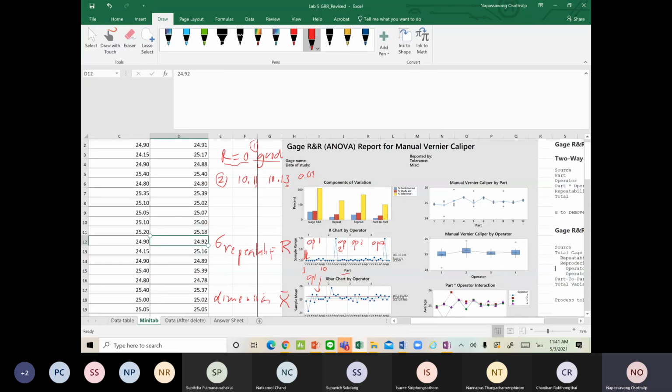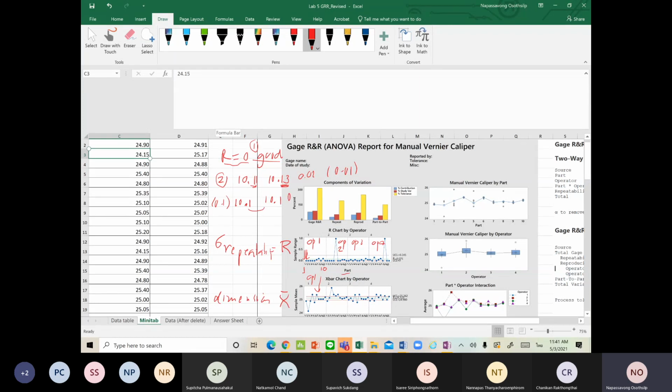But if the resolution is rough and it can show you only 1 digit, which means the resolution is only 0.1, then the first time you will measure 10.1, and the second time, 10.13, it will show only 10.1. So if you calculate the difference, it will be 0.